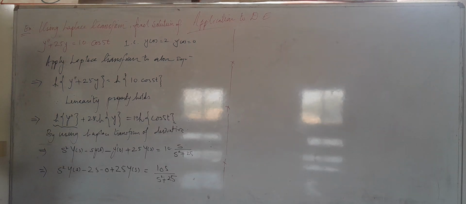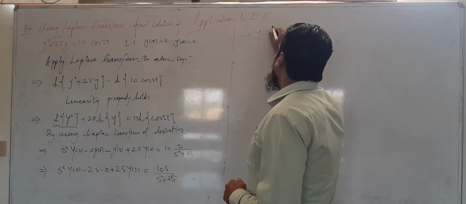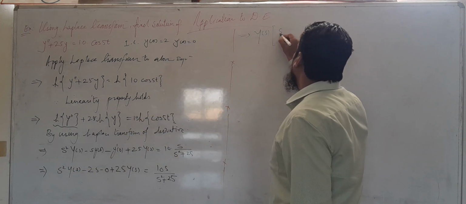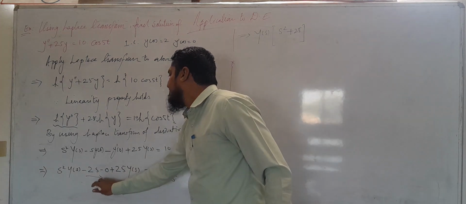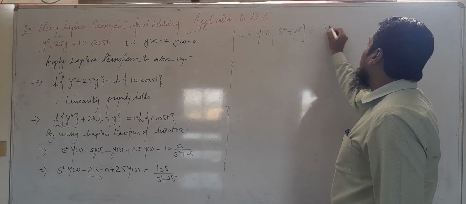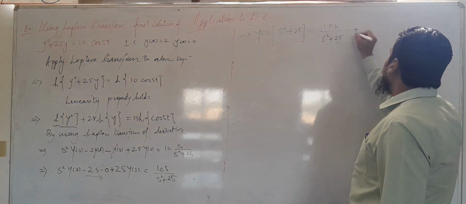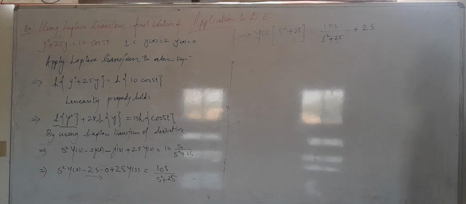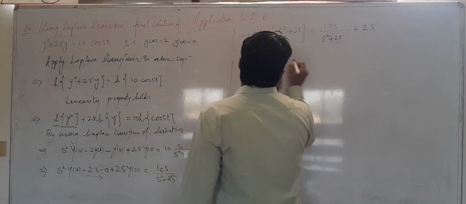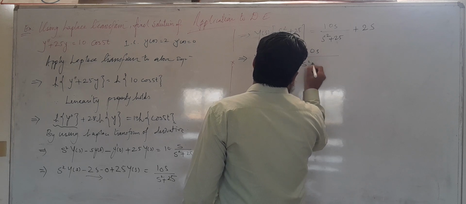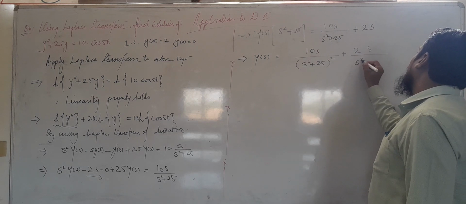Now taking Y of s common, we get s square plus 25 times Y of s. Shifting minus 2s to the right hand side, we get 10s upon s square plus 25 bracket square plus 2s upon s square plus 25.